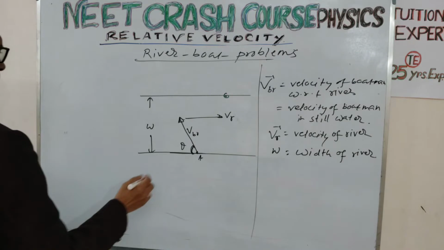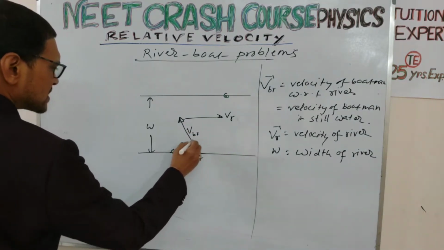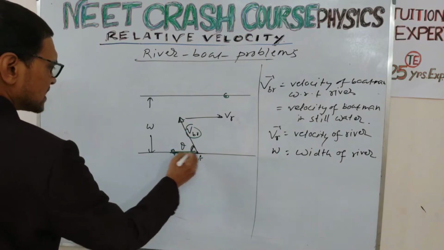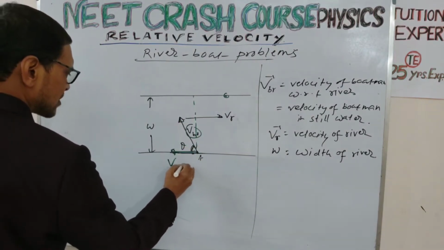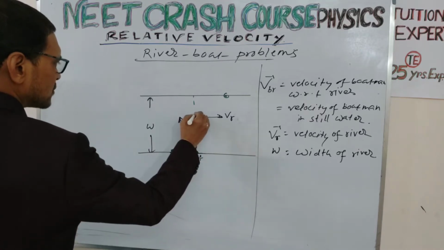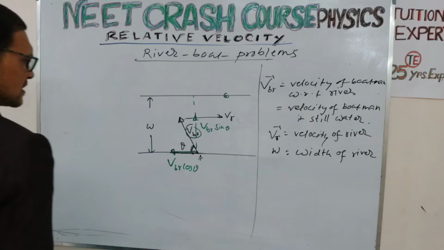So what are the components of this VBR? We first resolve VBR along two directions, this and this. This is VBR cos theta, and this is VBR sin theta, and this is VR.